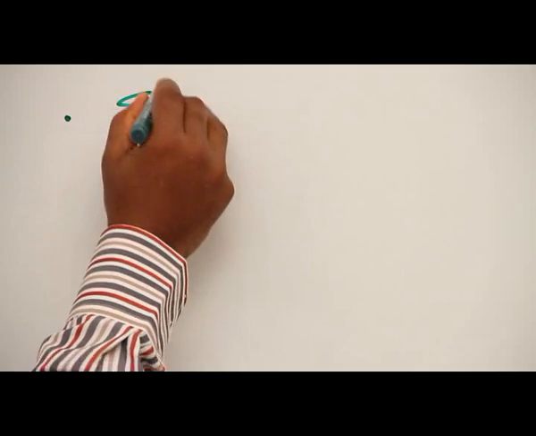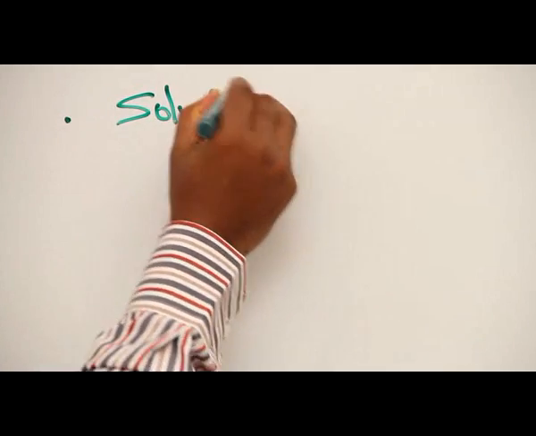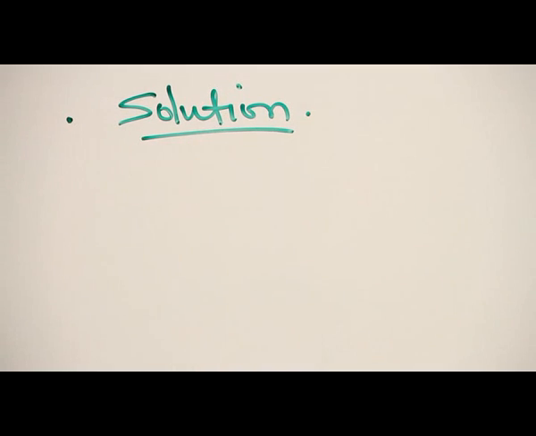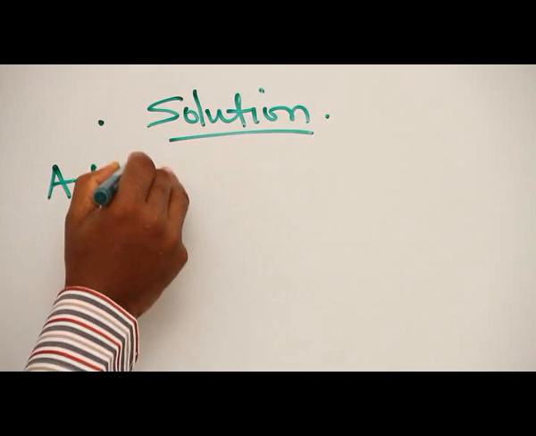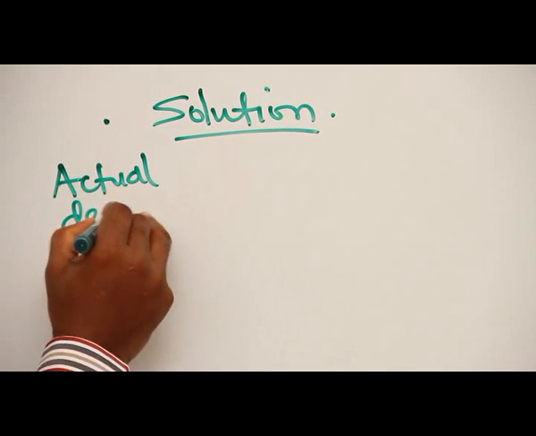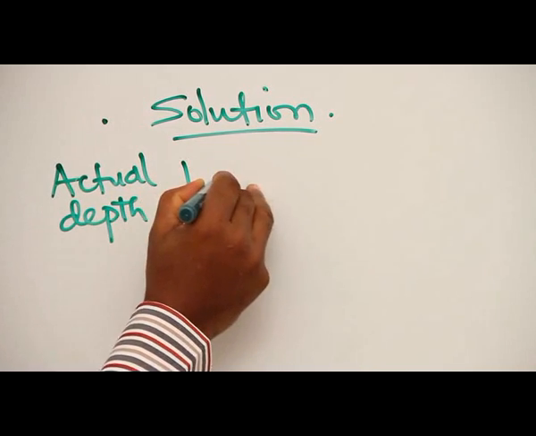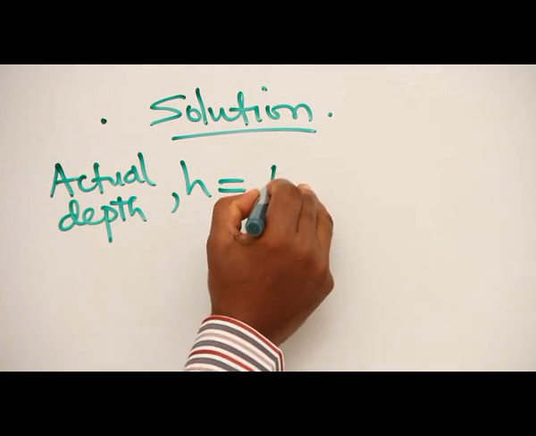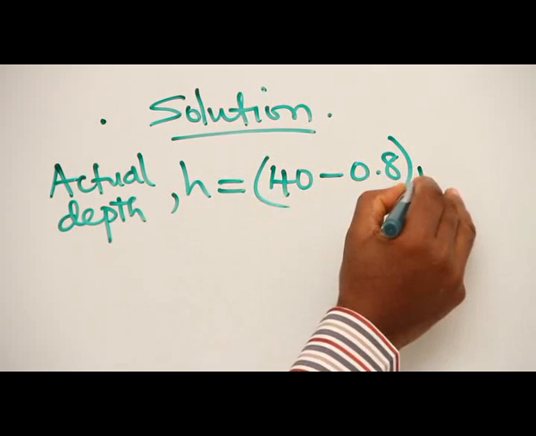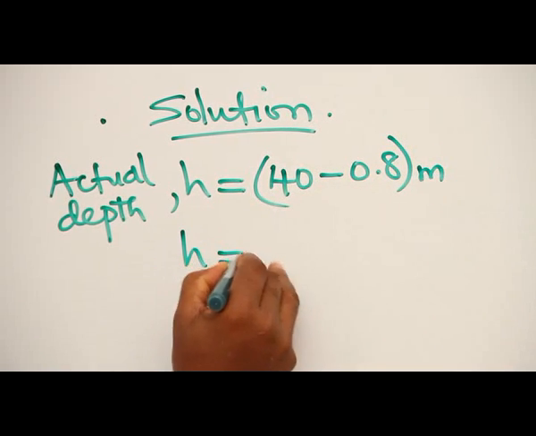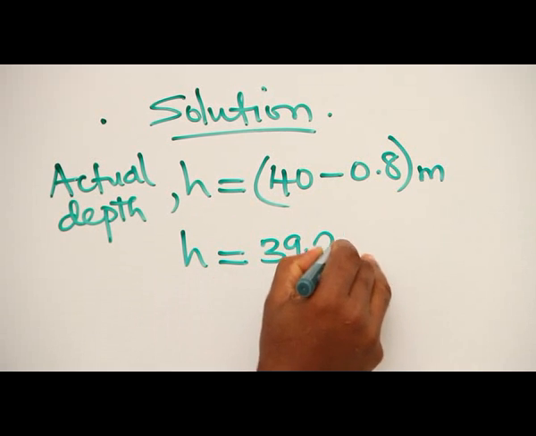The solution to this problem is obtained following the steps below. The actual depth covered by the falling object is 40 minus 0.8 meters. This is 39.2 meters.